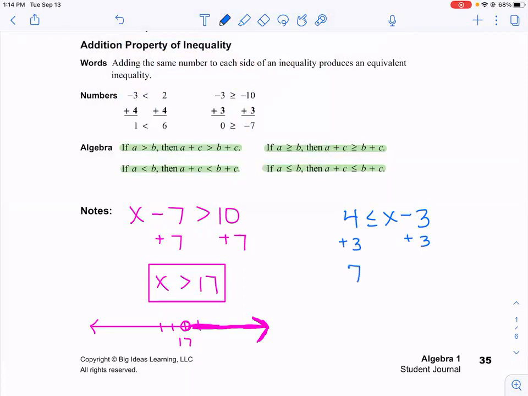Okay, so right now I have 7 is less than or equal to x. I am going to ask that you rewrite your inequality so that the x is on the left side. So instead of 7 is less than or equal to x, let's rewrite this as x is greater than or equal to 7. I want the variable to be on the left side of the inequality.